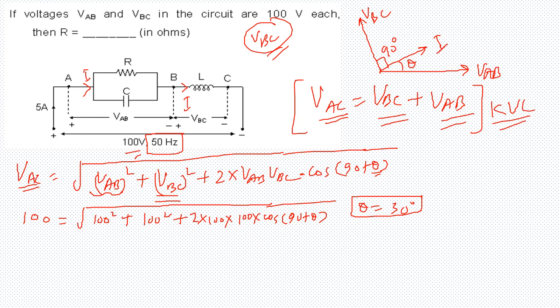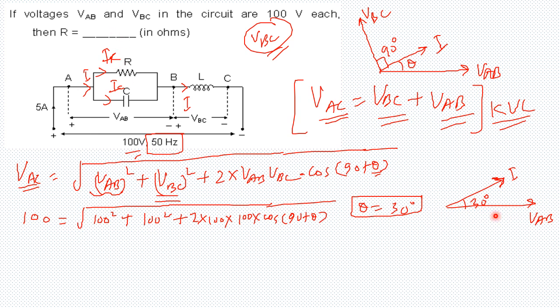Now let us just concentrate on this phasor. This is my VAB, this is my current I, and this is my angle, 30 degrees. Now this current will again be divided into two components, which are IR and IC. IC is the current across the capacitor, and IR is the current flowing in the resistor. The current IR will be in phase with VAB.